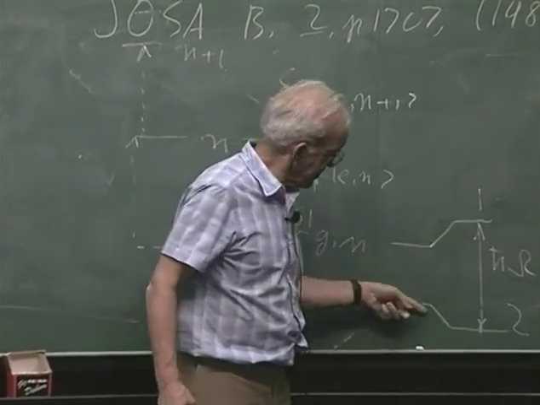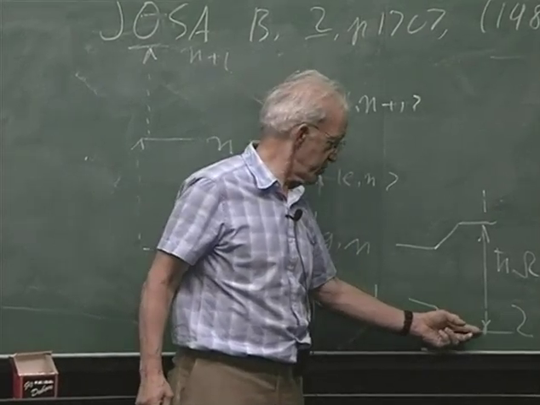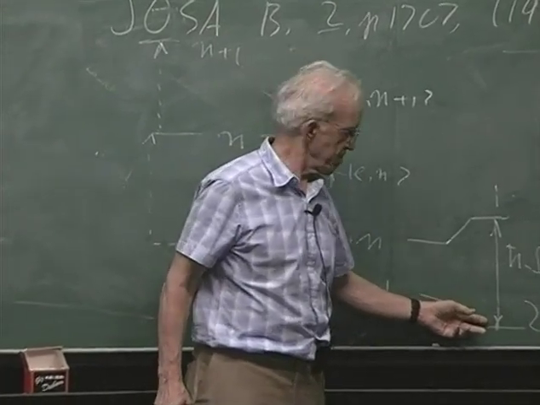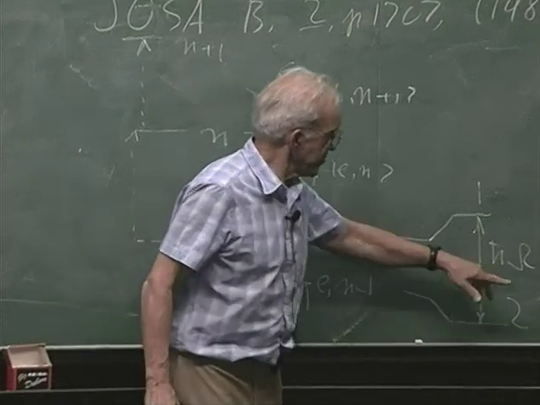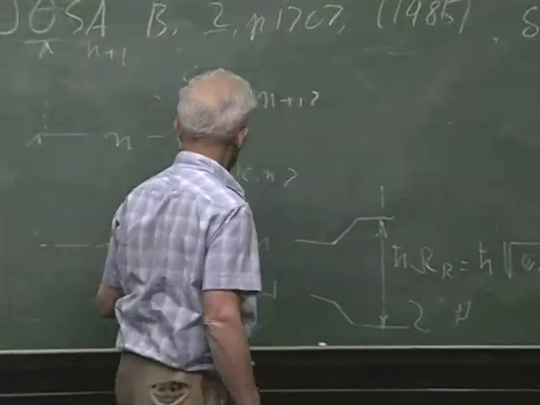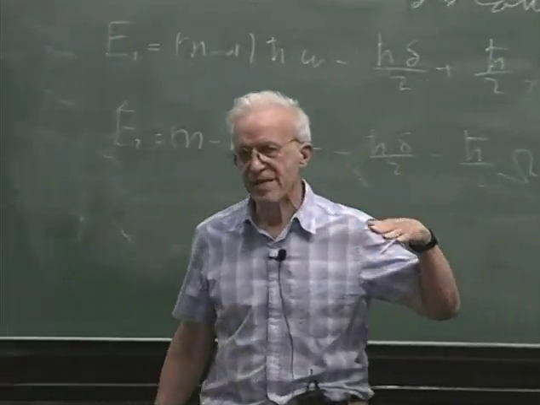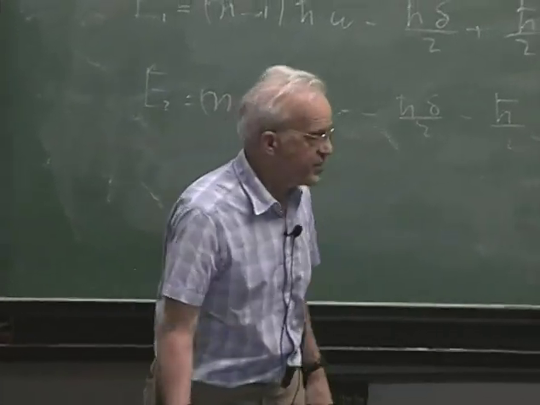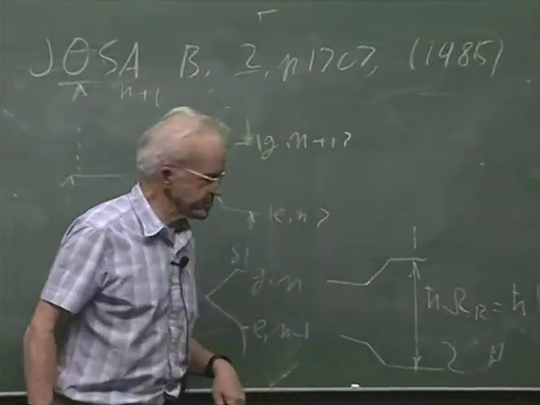If it comes into the field and on this level over here, its energy is going to go down. It's going to be drawn into the field. Okay? Whether it's repelled or attracted really depends on the sign of delta over here. It'll turn out that if delta is negative, if you're tuned below the resonance, you're going to be attracted into the field. But there's another state which will be repelled from the field over here.